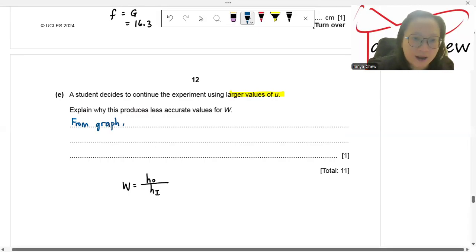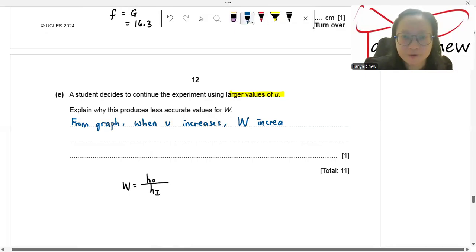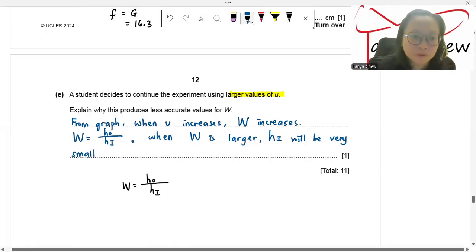I would say that when U increases, W increases linearly, or you just say increases, it doesn't matter. And W depends on H object over H image. When W is larger, H image will be very small, because W is inversely proportional to H image.